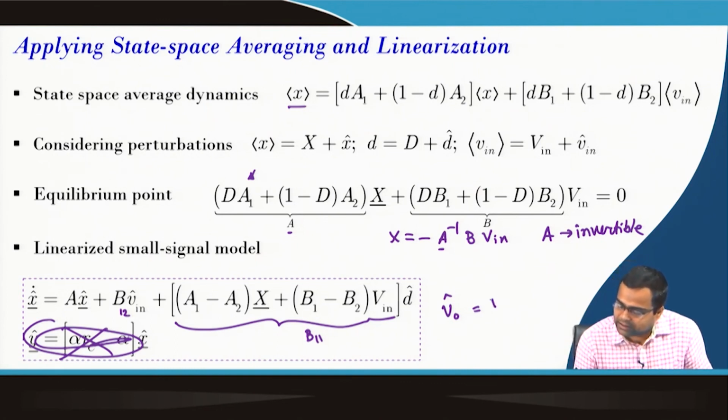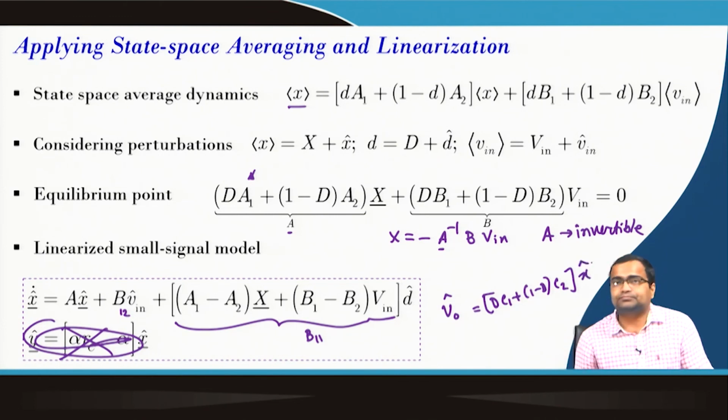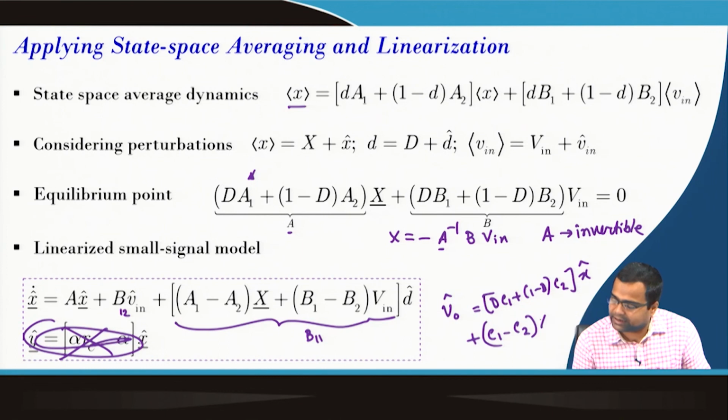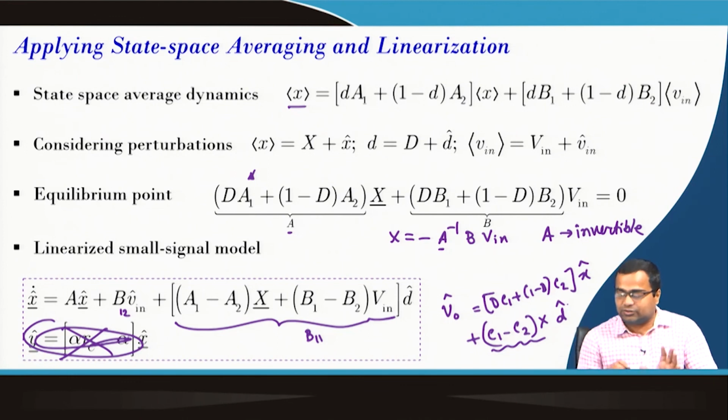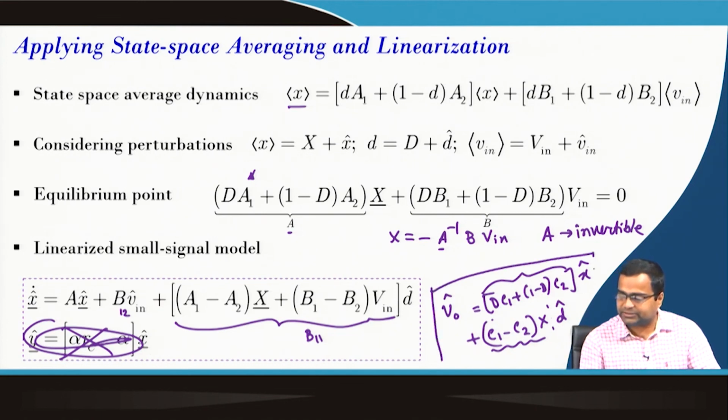So, we will get D into C1 plus 1 minus D into C2, this whole thing into x hat, plus C1 minus C2, that into capital X, this whole quantity into D hat. So, output voltage will have two components. One is this term under steady state, and another is this term, and this will create a difference. This equation was just copied from the buck, but for boost it is the output voltage average dynamics.